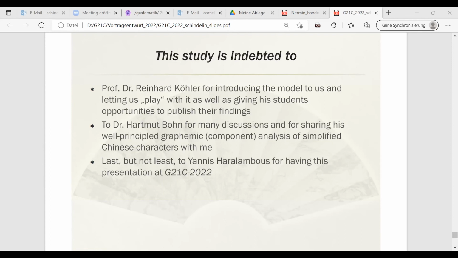You're welcome. And a last question from the audience. Hi, Pierre Magistri speaking. Thank you for this very insightful talk. Just a short follow-up on this question and discussion. I would expect that, just as you said, the simplified form very often existed before simplification. So I would be very curious to see the same computation on traditional Chinese.